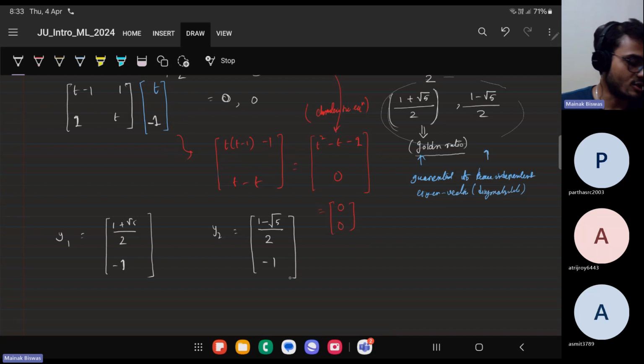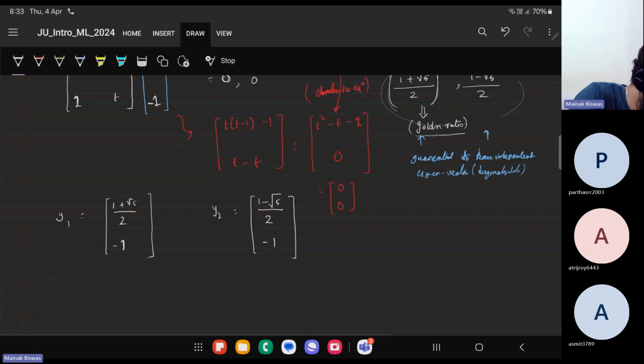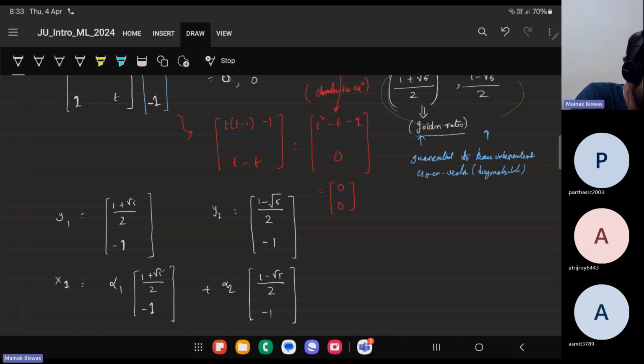Why do we end up getting a linear combination of two solutions as we discussed last time? Now we can write x1 as we discussed, alpha 1 times 1 plus root 5 by 2 comma minus 1 plus alpha 2 times 1 minus root 5 by 2 comma minus 1, right?